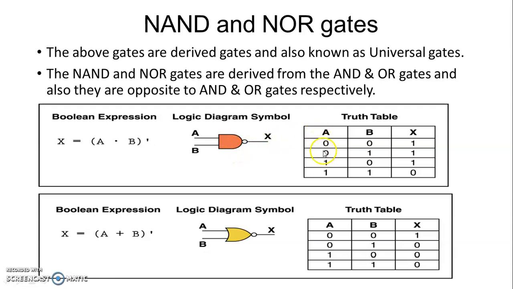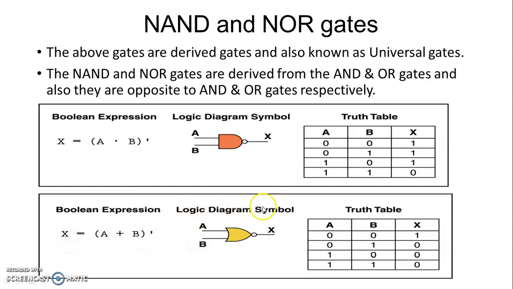Here is the truth table for NAND gate. A and B are inputs and X is the output. As I said, if both the input values are high, the output value is 0 in NAND gate, otherwise it is high. Boolean expression for NOR gate is x equal to (A plus B) prime.